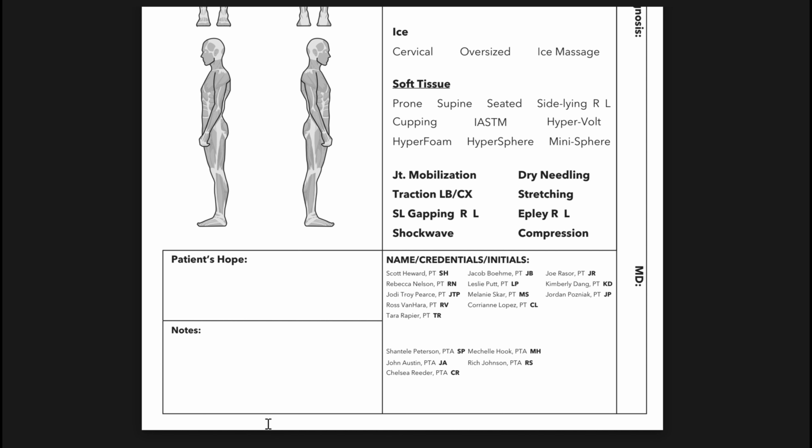Maybe there's somebody who is likely to push it too hard and try to do more repetitions than we prescribe. Anything that you need to know about the patient will be here, and this is a really quick snapshot and a cheat sheet for anybody that's going to be working with that patient to know what to expect. So please take time to review that as well before working with the patient.